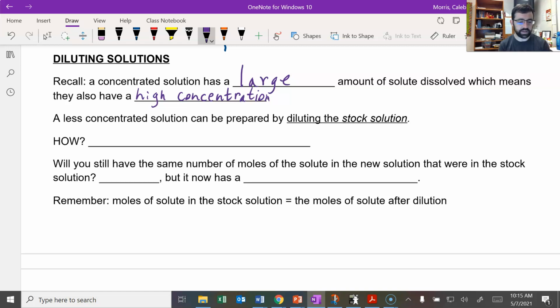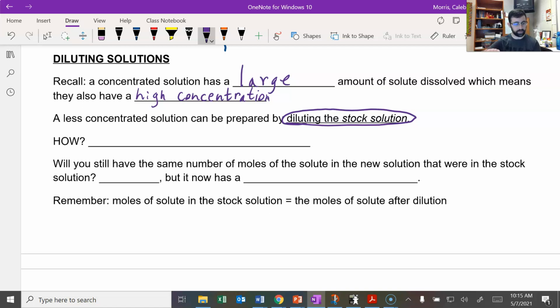A less concentrated solution can be prepared by diluting the stock solution. So diluting, I often talk about this like watering down. If you've had a little sibling, when your parents go to give them a drink, like tea or juice, they might dilute it.